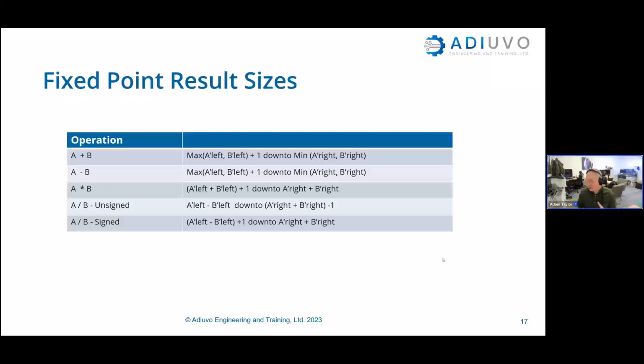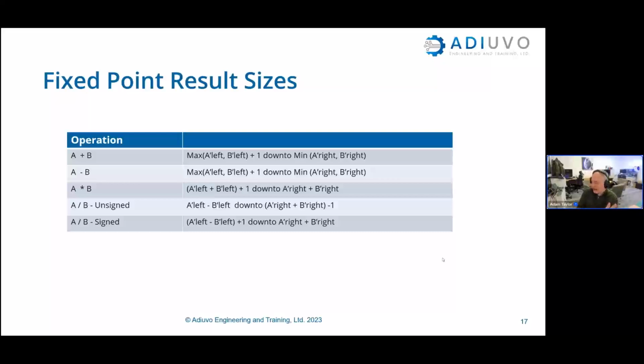If we're doing multiplication, the result will actually be a vector that is twice as large as the largest vector that we want to multiply. So if we multiply two 16-bit numbers together, we will get the result as a 32-bit number. Hopefully this makes sense to everybody so far.